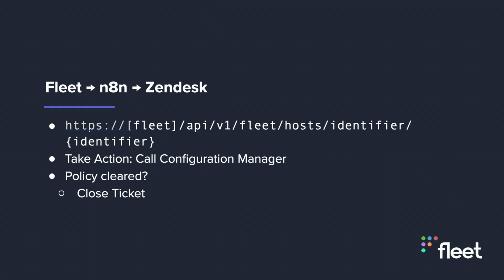The other options here, maybe you're going to call off a configuration manager. So I personally use Monkey. I manage my Monkey repo through a GitHub instance. So I may make a call to GitHub to move that machine into a manifest that has a couple of tools in place that is going to go automatically clean up the trash, or automatically reboot the user, or whatever the case may be.